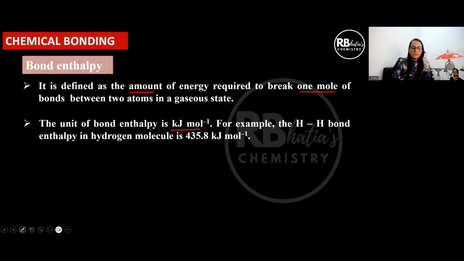Okay, so this is one example: you can just keep an idea that the H-H bond enthalpy is in the order of 400 range. Clear? So it's basically the energy required to break this hydrogen molecule into 2 hydrogen atoms.